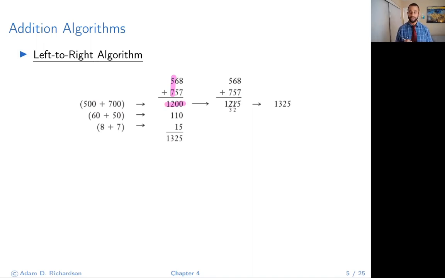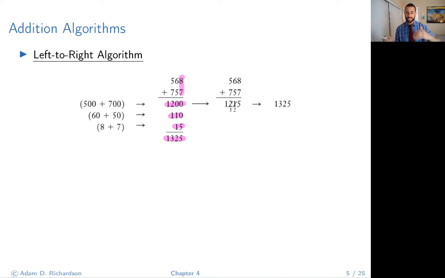So you just write 1200 underneath. Then you're going to do 60 plus 50. Remember, it's not 6 and 5, it's 60 and 50, and that's 110. And then you're going to do 8 plus 7, and that's 15. And then you can add all of those up. 1,325 right there.